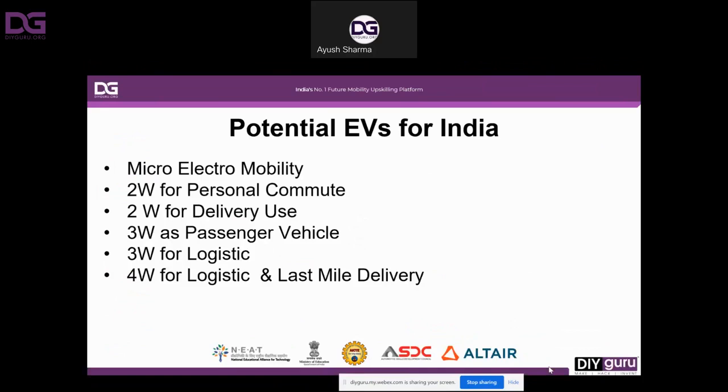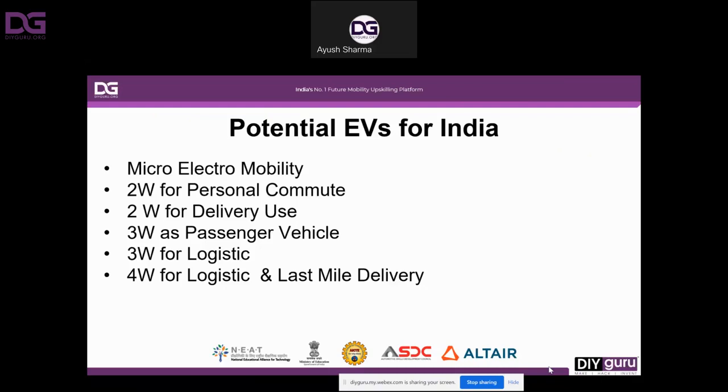Micro electromobility, basically, if we are producing some products whose size is small, smaller than a two-wheeler, we can consider some goods, some articles, which we use to transfer small goods.